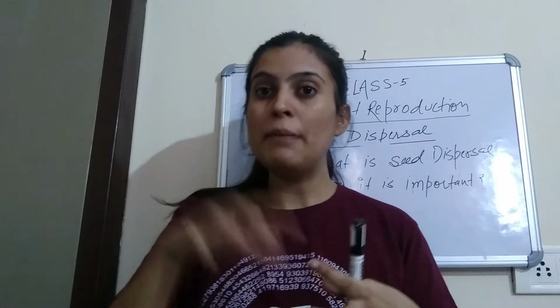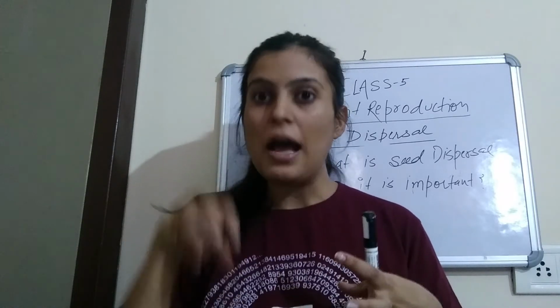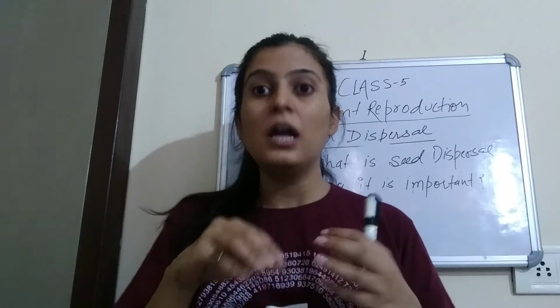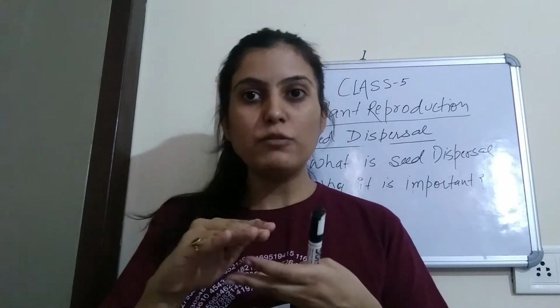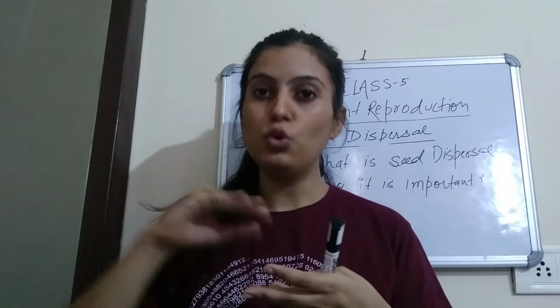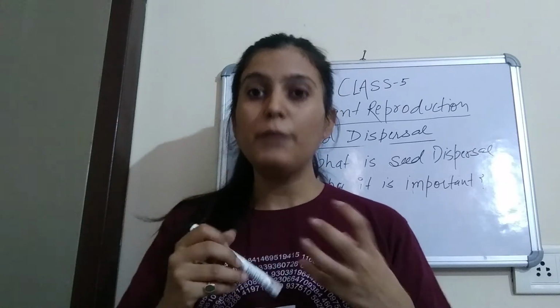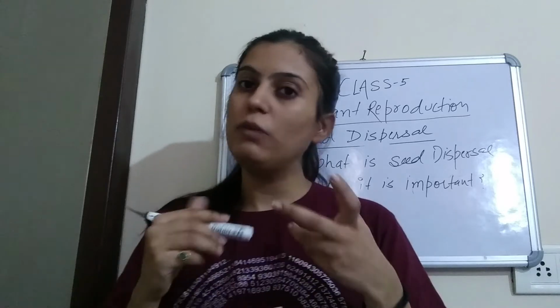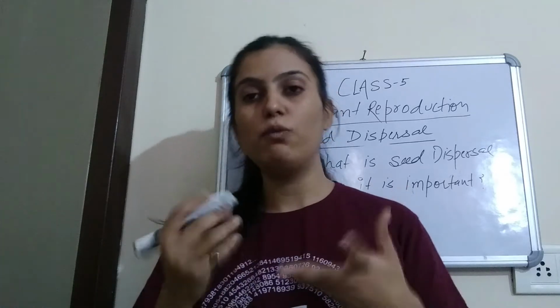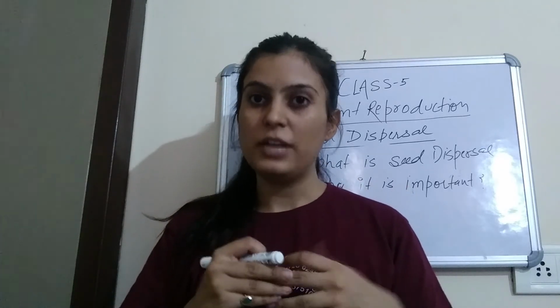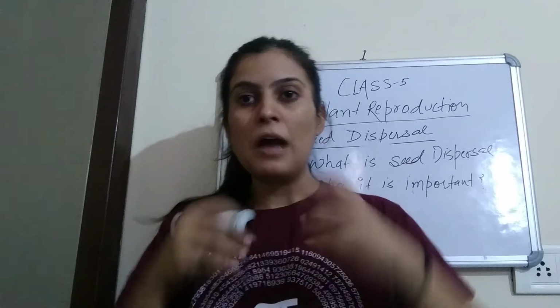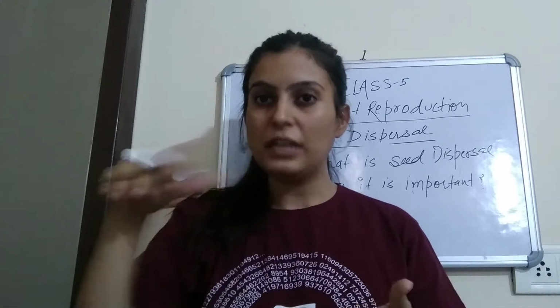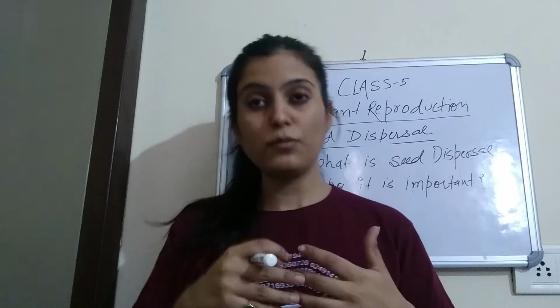And if there are many seeds at the same place, there will not be enough space for the seeds to grow into plants, and there will be a deficiency of air, water and minerals, right? Because there will be many plants to share that air, water and sunlight.